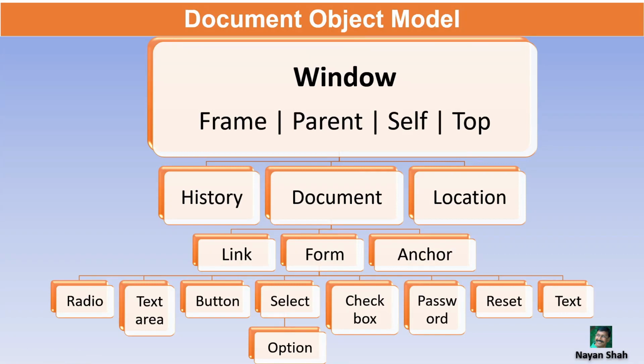Parent window is the window from where we came here. You click on a link and you go to a new page. The previous page from where you came is called the parent window. Self window is the default window, the window which is open right now. And top window: when there are multiple windows open, only one window will be active, on the top, and the rest will be in the background.